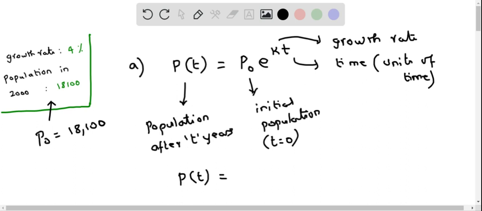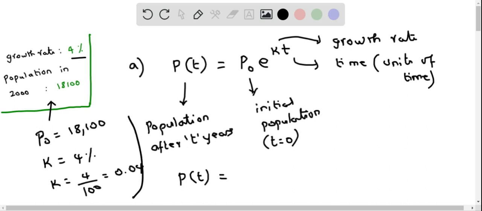And k is the growth rate which is given as 4%, but we should give this in terms of decimals. So 4% in decimals is 4 over 100, and this equals 0.04. So the value of k equals 0.04.